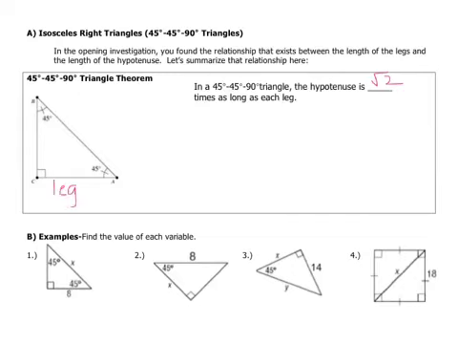So we have leg AC and leg BC in the picture. The length of your hypotenuse, which in this picture is AB, would be the leg length times radical 2. Exactly what you guys saw in that investigation.